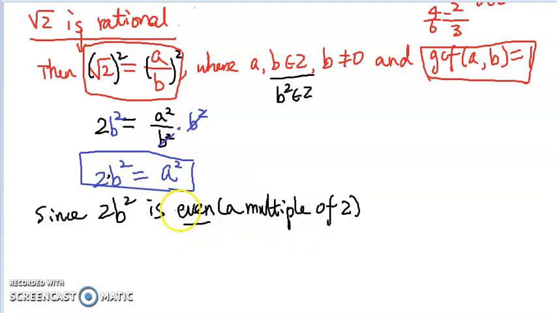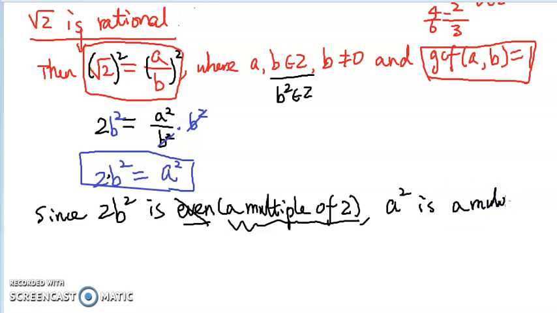So maybe when you do other questions, if it's square root of 3 or square root of 5, you would probably like to use this form. So to be consistent, and to make the example easy for you to follow later, maybe I will not use the word even. I'll just call it 2b squared is a multiple of 2. Because a squared equals that, that makes a squared a multiple of 2.